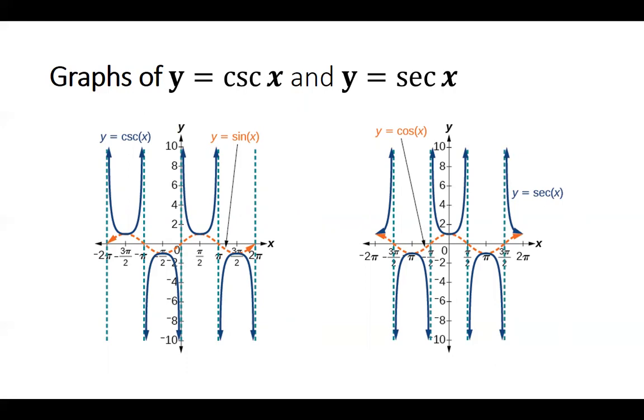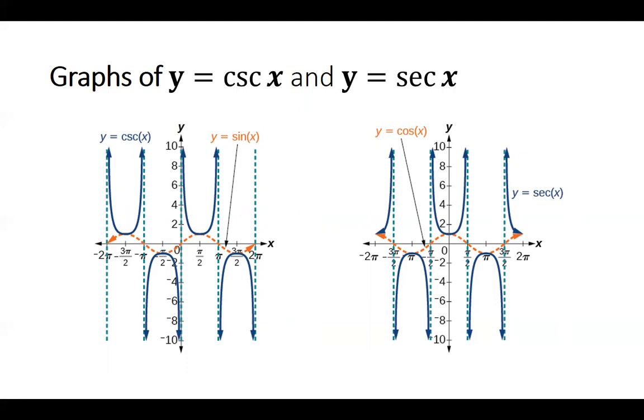Also, remember that sine goes from -1 to +1. Well, obviously the reciprocal of 1 is 1. But if we take the reciprocal of any value between -1 and +1, then we're going to get a number larger than 1 or greater in magnitude than -1. So we end up with these U-shaped things.